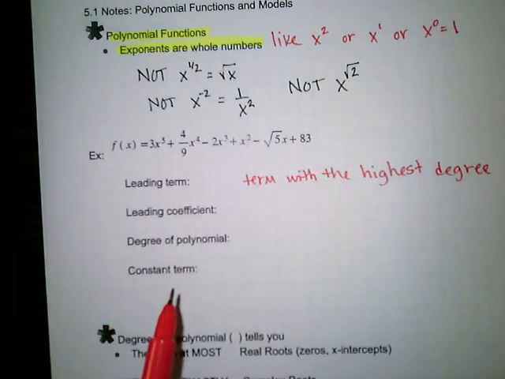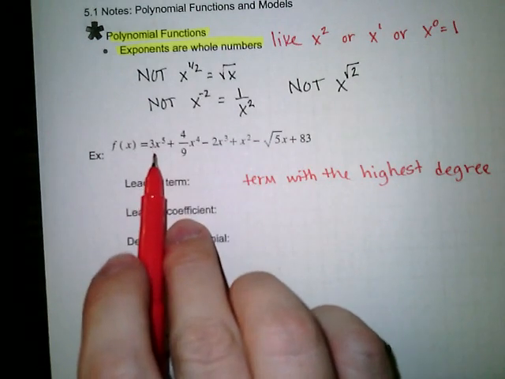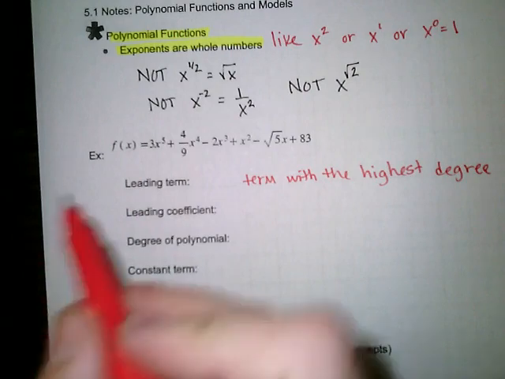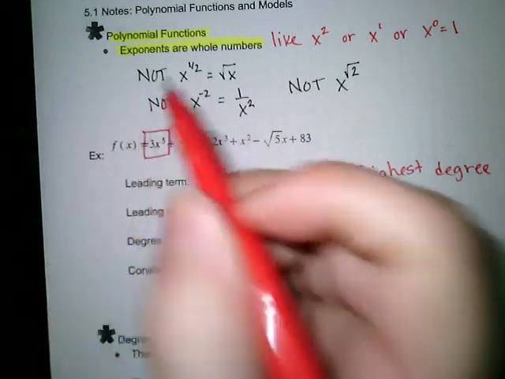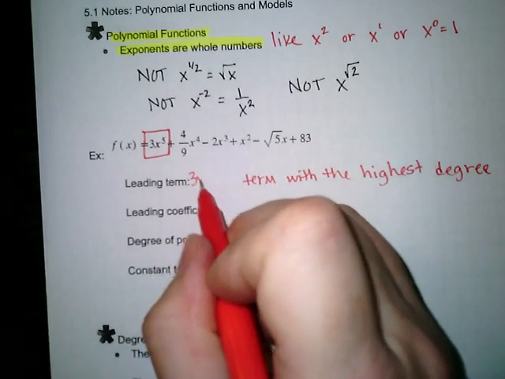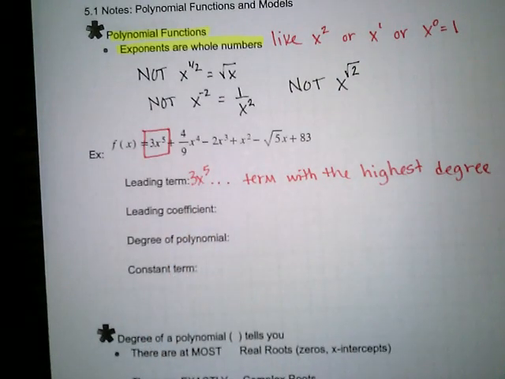So if your polynomial function is in standard form, the leading term will be the first term, but it's not always. In this case, it is. So this one right here is our leading term, 3x to the 5th. In general, it's the term with the highest degree.